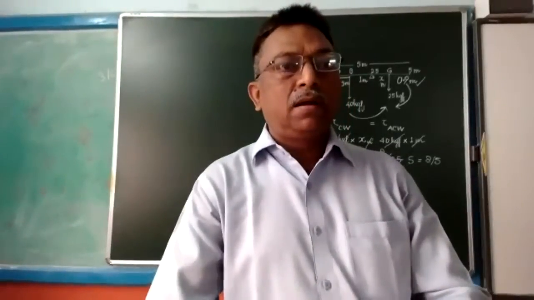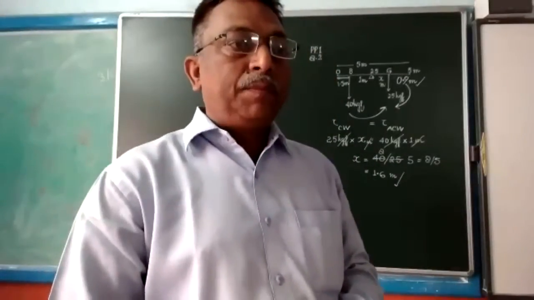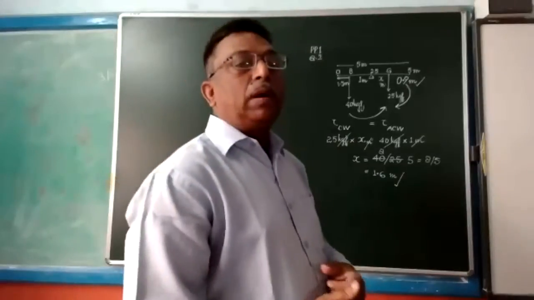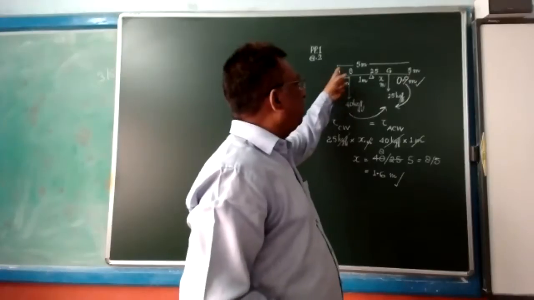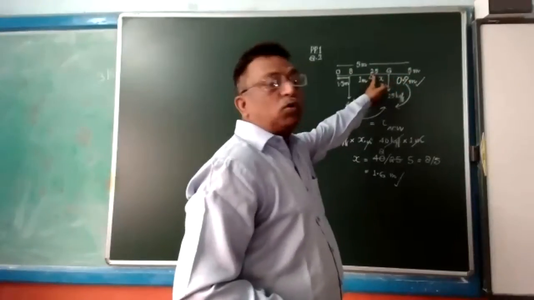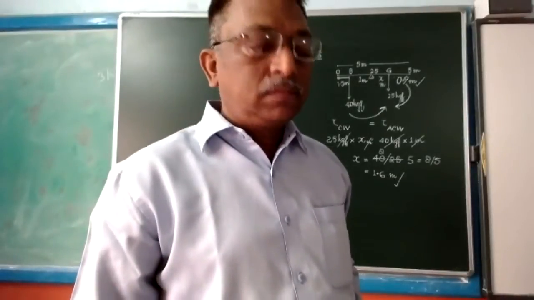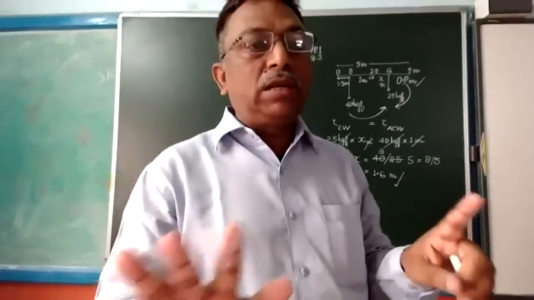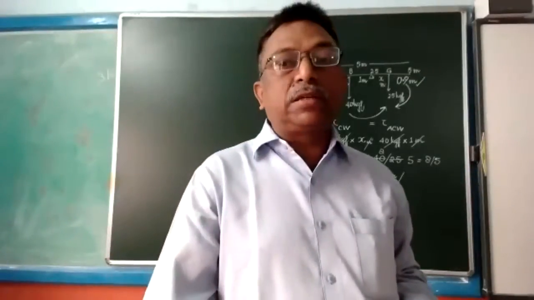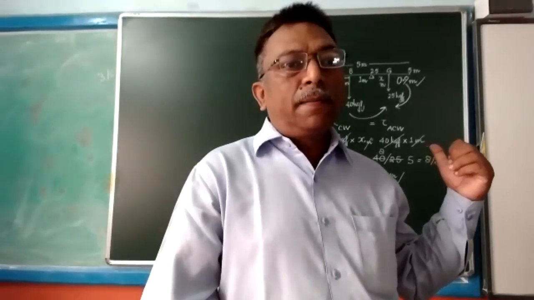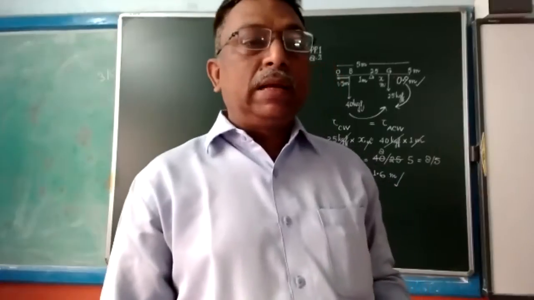So here is given the position of the fulcrum, at a distance of 2.5 meter from either end. Sir, here 2.5 is written. Length of the seesaw is 5 meter. So what is the midpoint of this seesaw? Oh, okay, 2.5. Yes. Thank you.